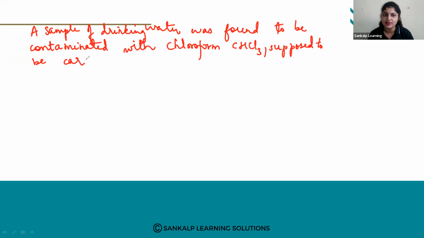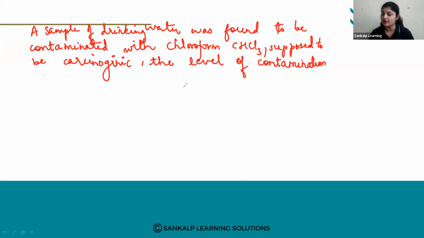Carcinogenic means it is hazardous, bad for the human body. If you drink such water, there are chances that you will fall ill, or it will cause some severe hazardous problem.